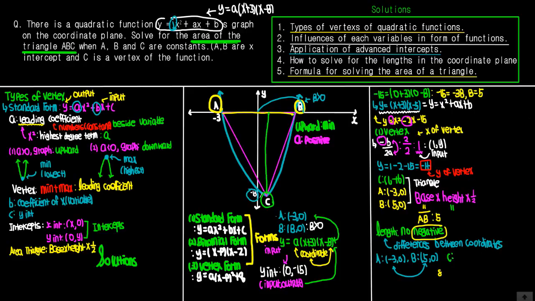So the point C is going to be our graph's vertex, which is 1 comma negative 16.